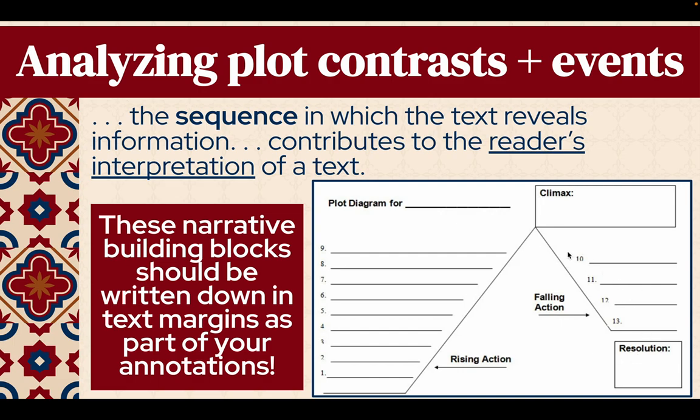Setting, that kind of thing. And then climax, turning point, things like that. Just straight up write climax, turning point, rising action, conflict, resolution, maybe even denouement in the margins as you annotate.